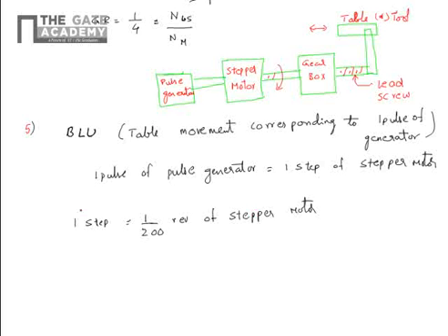How we get this: for 200 pulse steps, the stepper motor rotates 1 revolution. 200 steps equal 1 revolution of the stepper motor. So one step equals 1 by 200th of a revolution of the stepper.